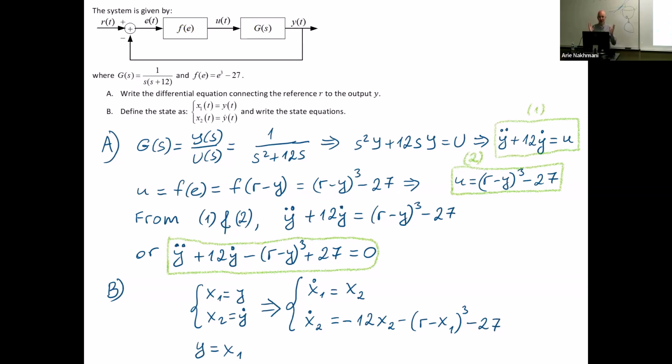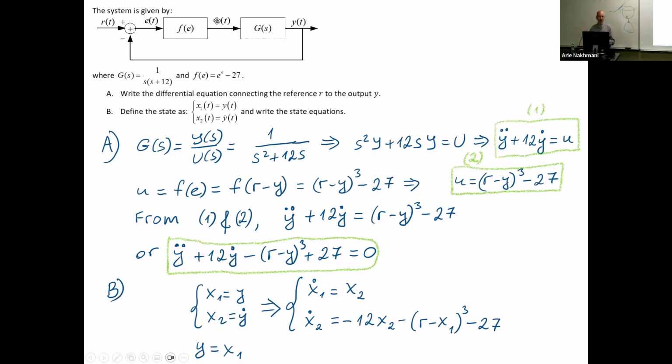So you write down everything you know about the system. If you have a block diagram of any kind, you can connect all of these lines through equations. You can write an equation connecting E to R and Y, an equation which connects U to E, and an equation which connects Y to U. Then you have all of the loop connections together, and you need to manipulate the equations in such a way that you get a single equation.